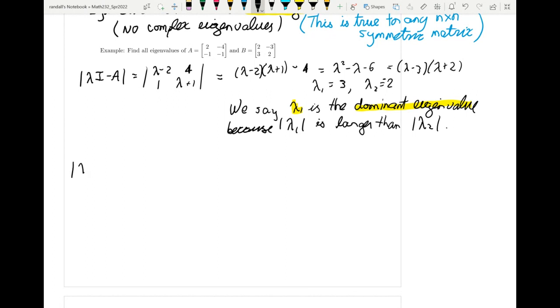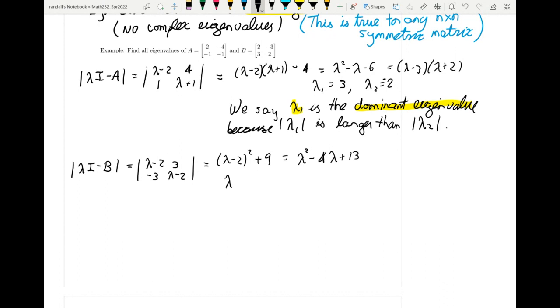Let's go on to the next matrix, lambda I minus B, matrix B. So we compute its characteristic polynomial: lambda minus 2, 3, minus 3, lambda minus 2. We'll get (lambda minus 2) squared plus 9, which we can expand to lambda squared minus 4 lambda plus 13.